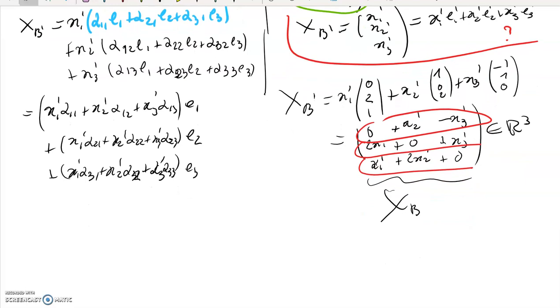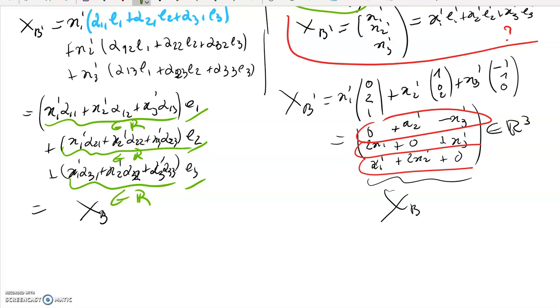Okay, this is it. So I've got a linear combination of the old basis vectors. These things here just belong to R; they are just real values.